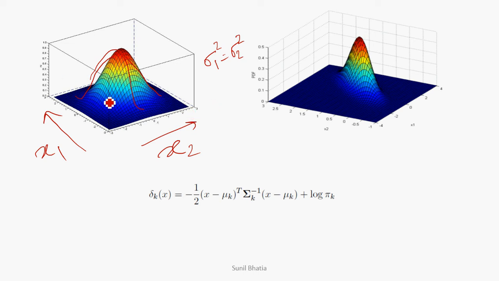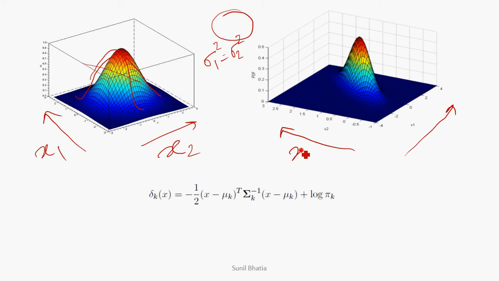So when we cut this normal distribution from here, we get a circular cross section of them, but usually it is not the case. Whenever we have multiple variables, they tend to have some correlation and they may not always have the same variances.